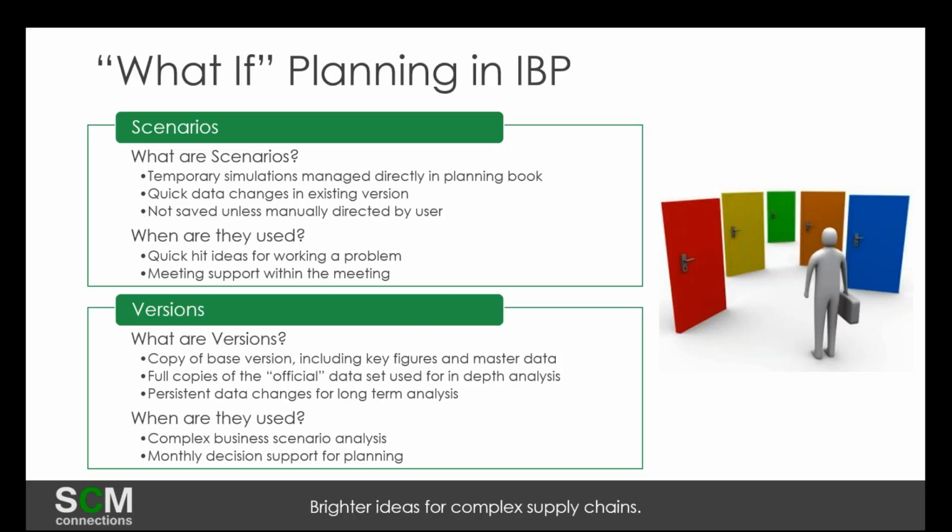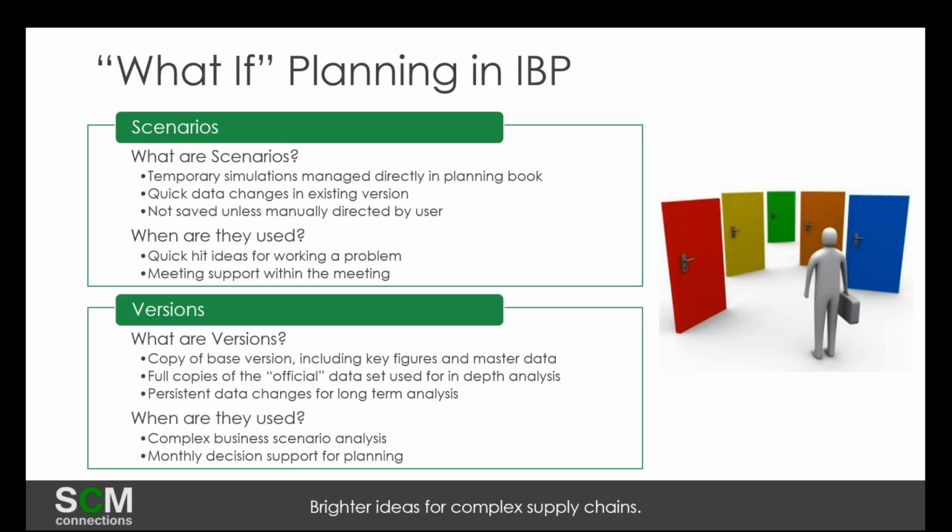Versions, however, are something a little bit bigger. It's a full copy of your base version of data, including all the key figures, all the master data. A version would be kind of a complex business scenario, something like your capital planning for the year or expansion planning. What if we opened a whole new plant? What if we started serving Asia for the first time?